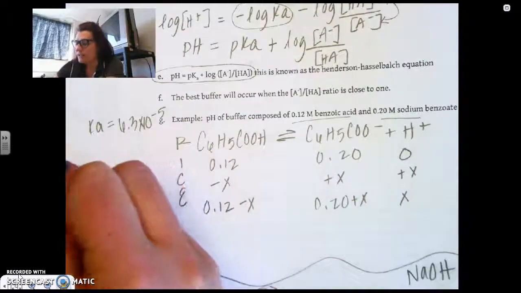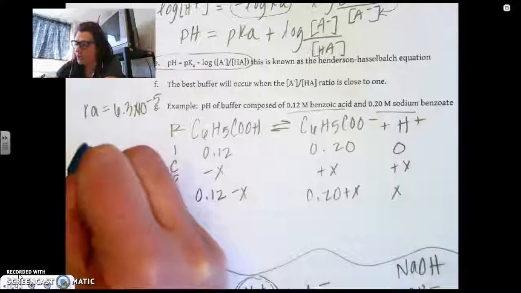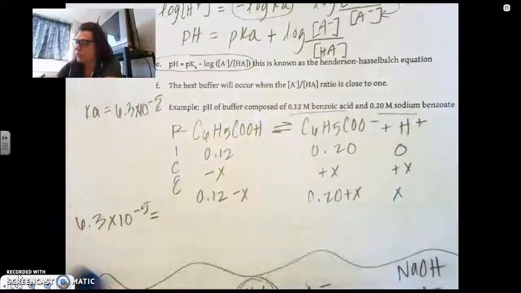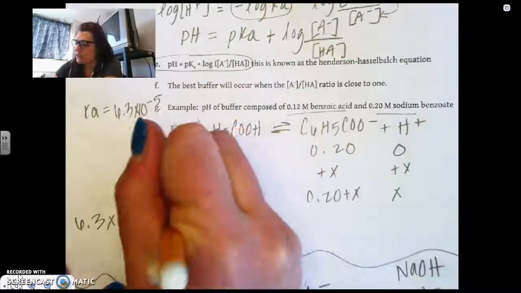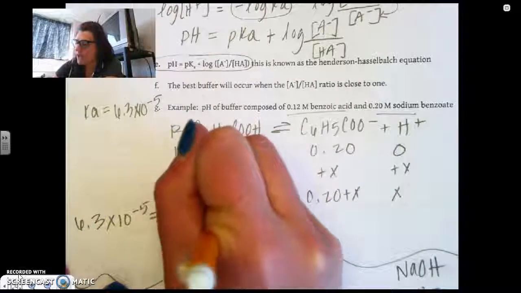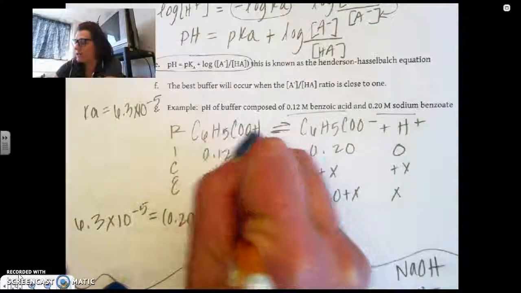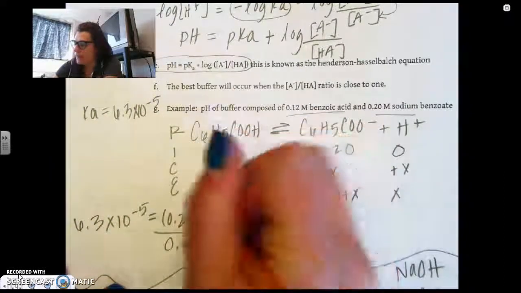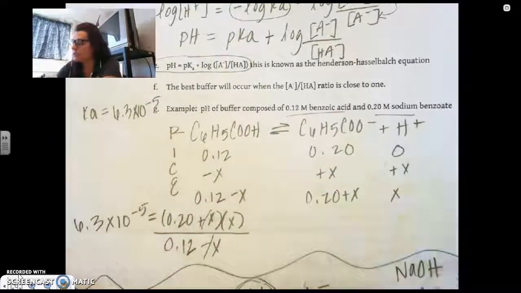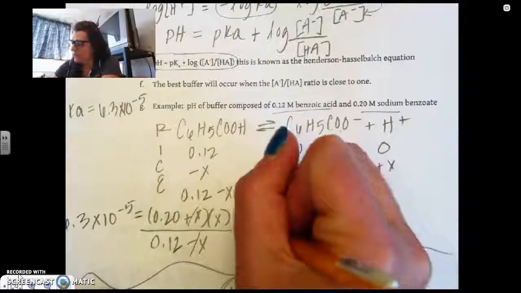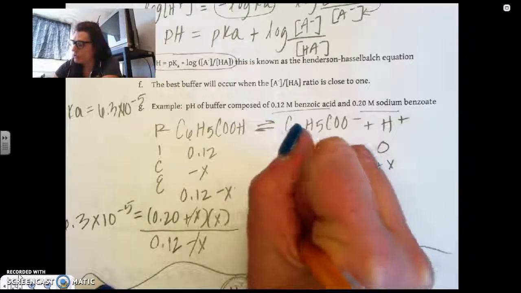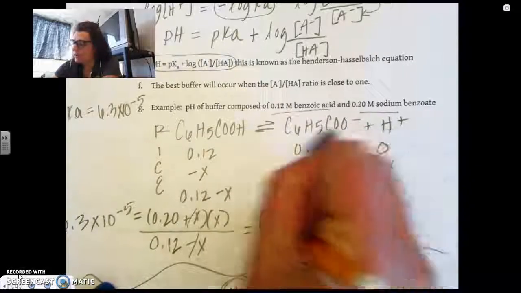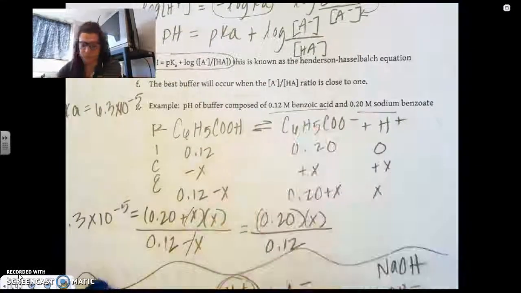Then the Ka, which is that 6.3 times 10 to the negative fifth, is going to be equal to 0.20 plus x times x divided by 0.12 minus x. So the x's here cancel, and then I have that equal to 0.20 times x divided by 0.12.